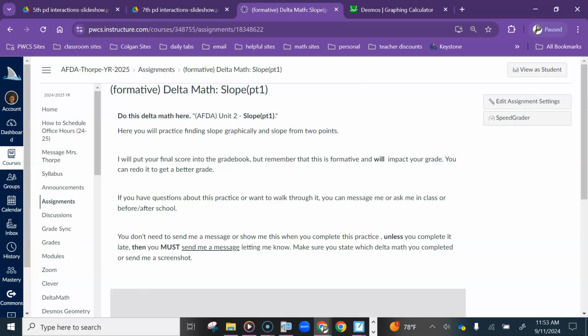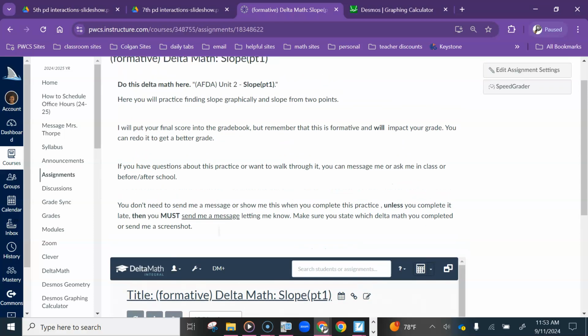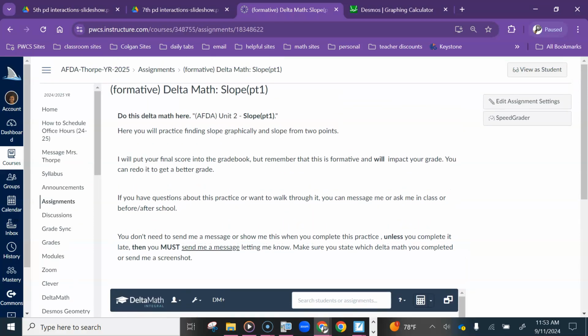When you click in it, if you're on your computer at home, it will show up right now. But on the iPad, it's going to say launch external tool. You're going to click that. And it will populate for you right there. So you are now doing Delta Math through the assignment in Canvas. Did anyone need help finding that?